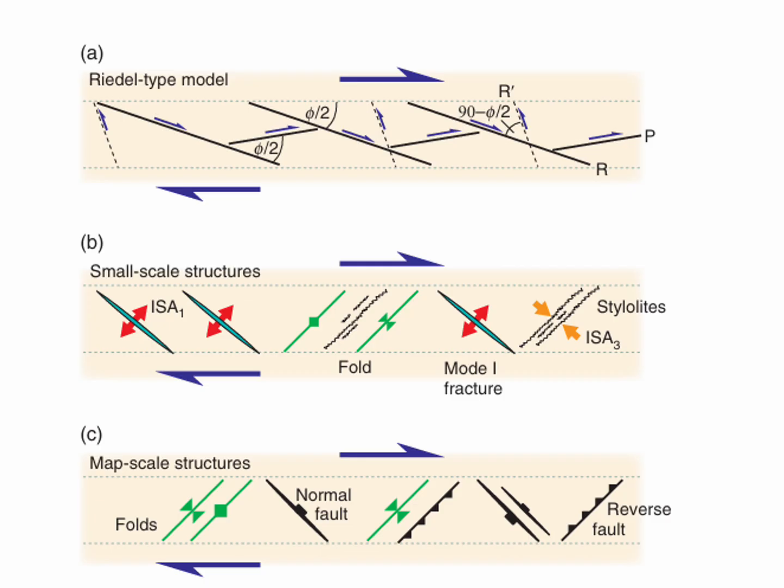So here also in this diagram we see the same thing, how the fold is developed, and how the normal fault and reverse fault are developed, as I already discussed previously in this diagram.